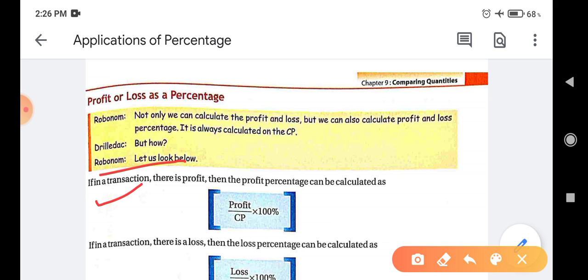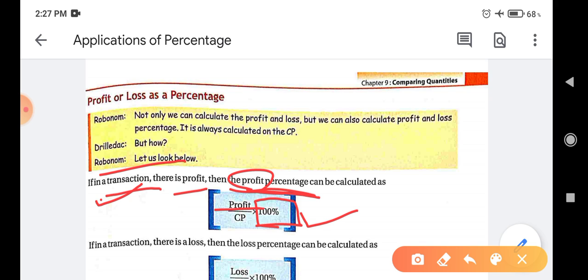Here we are given that if in a transaction there is a profit, then the profit percentage can be calculated as profit over CP multiply 100%. Here 100% is written because we are finding the percentage of profit.